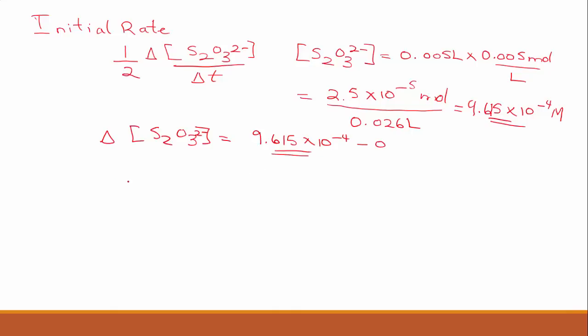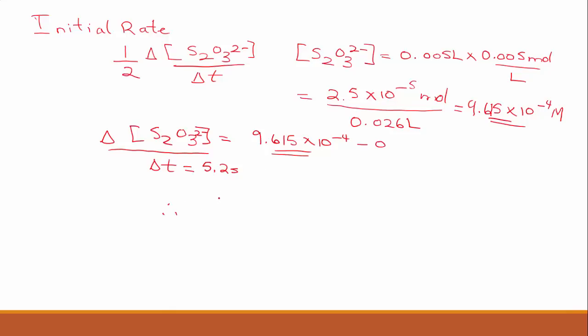Now to find the change in concentration divided by the change in time. If we assume the change in time, in my case, let's say I took 5.2 seconds on average of the 3 trials. So let's say delta t is equal to 5.2 seconds. So you just divide these two numbers.